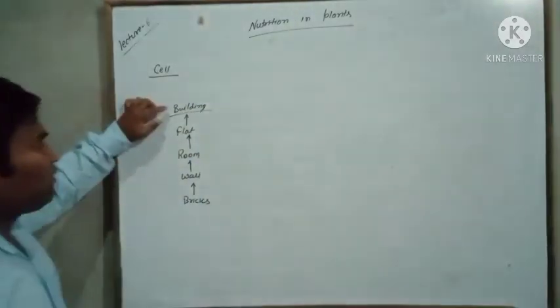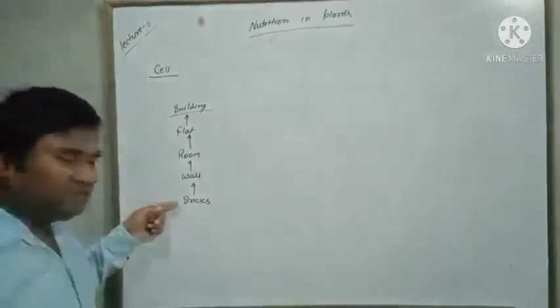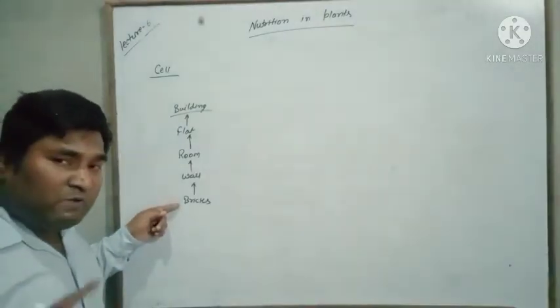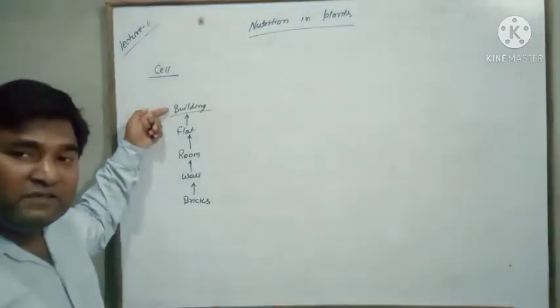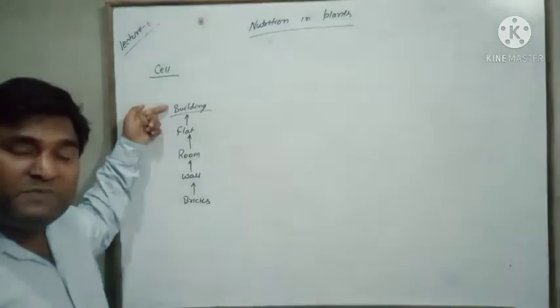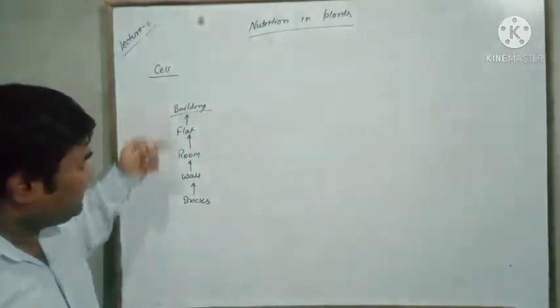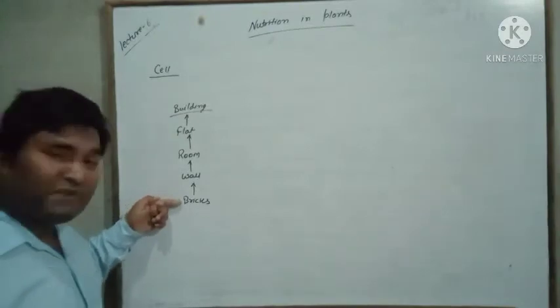So for a building, the smallest unit is the brick. Without bricks, you cannot make the structure called a building. So the brick is the structural unit of this building.